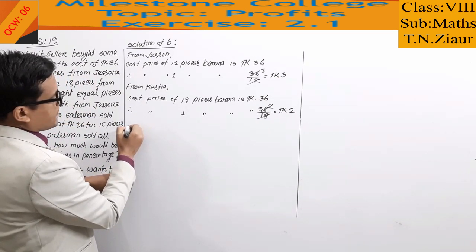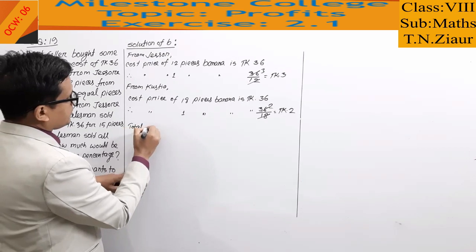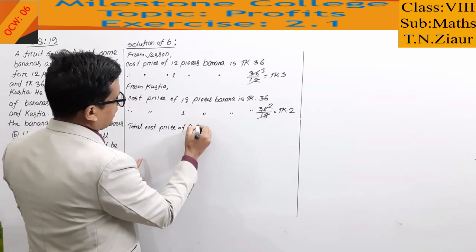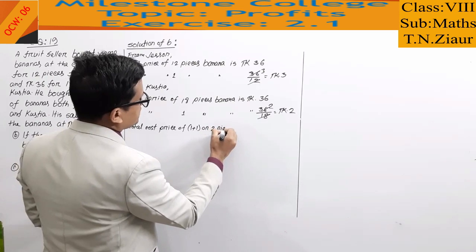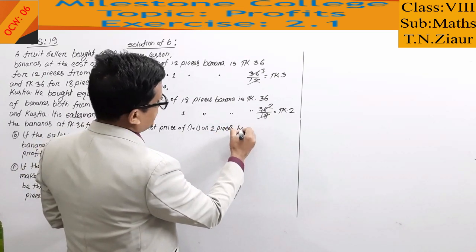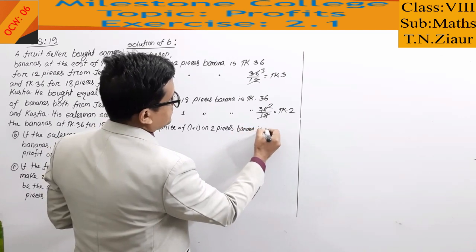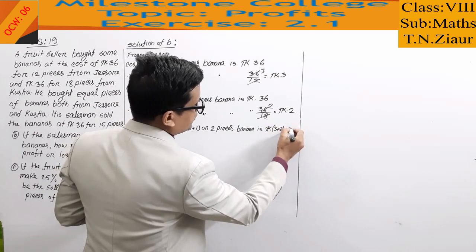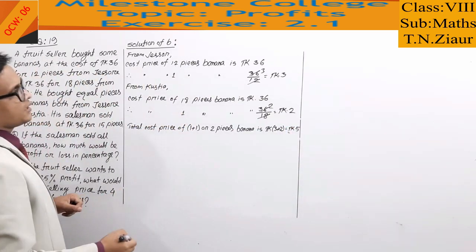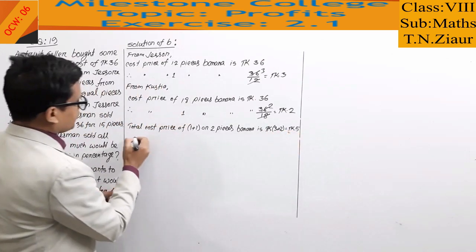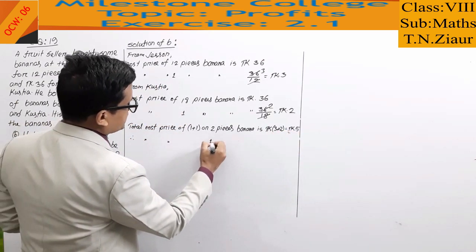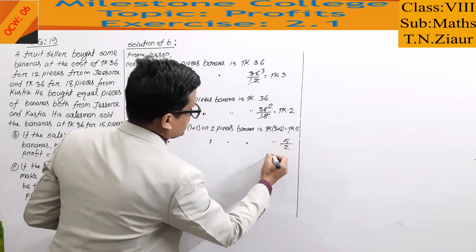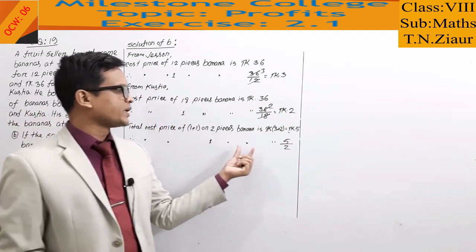So the total cost price of 2 pieces of bananas is taka 5. So the cost price of one piece, on average, is 5 by 2 taka.